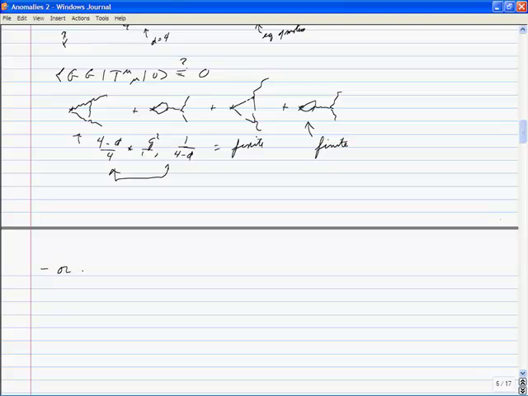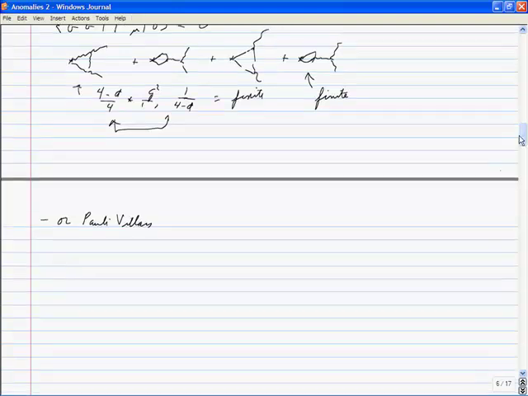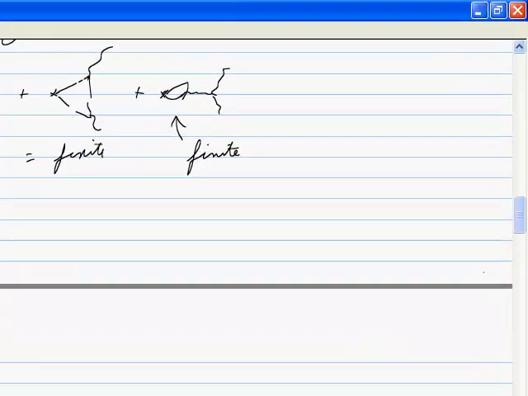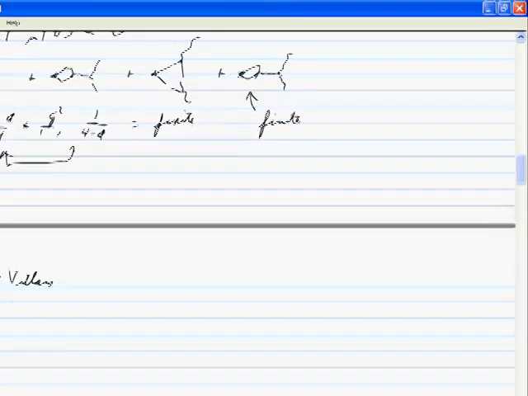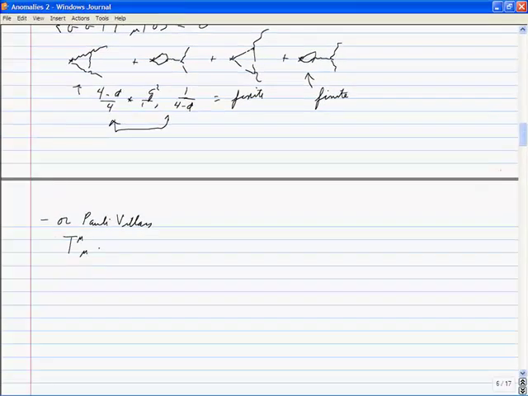If you did Pauli-Villars, okay, Pauli-Villars is like subtracting off a heavy mass. So T mu mu, if you do this consistently, would look like things.